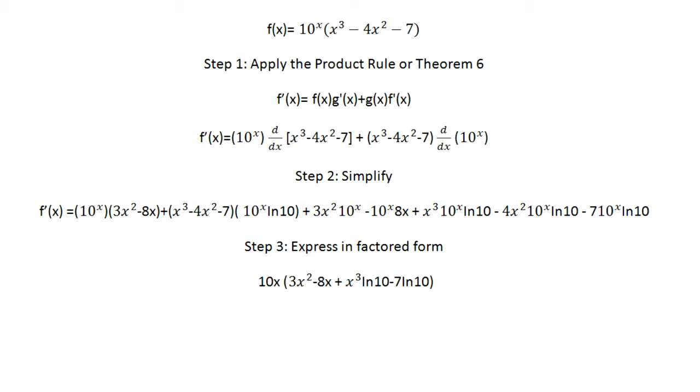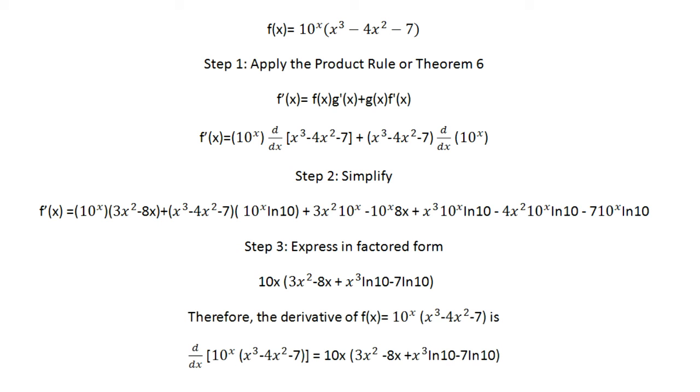Multiply them and we'll get an answer of 3x squared 10 raised to x minus 10 raised to x 8x plus x cubed 10 raised to x ln 10 minus 4x squared 10 raised to x ln 10 minus 7 10 raised to x ln 10.